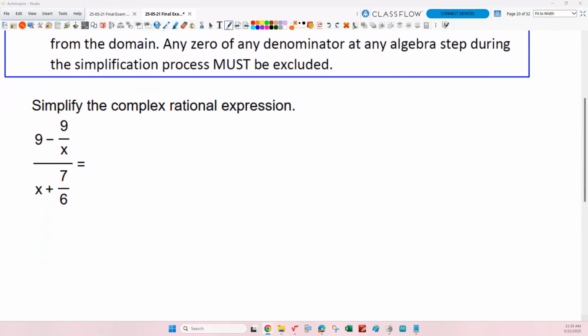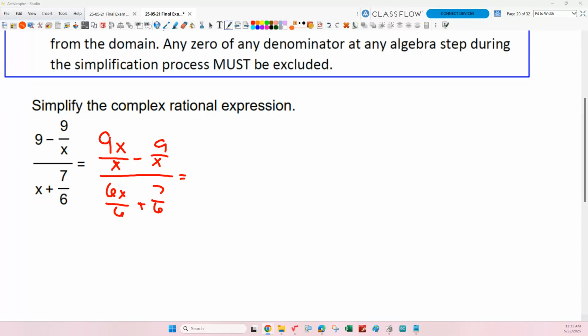Minus 9 over x. Okay, and then if we look at the bottom, what would we have to do? Yeah, so we want this x to have a 6 in the denominator. Then we get 6x over 6 plus 7 over 6.